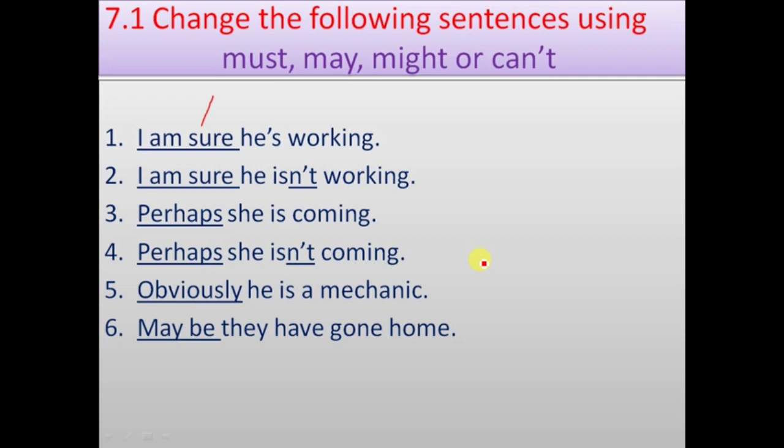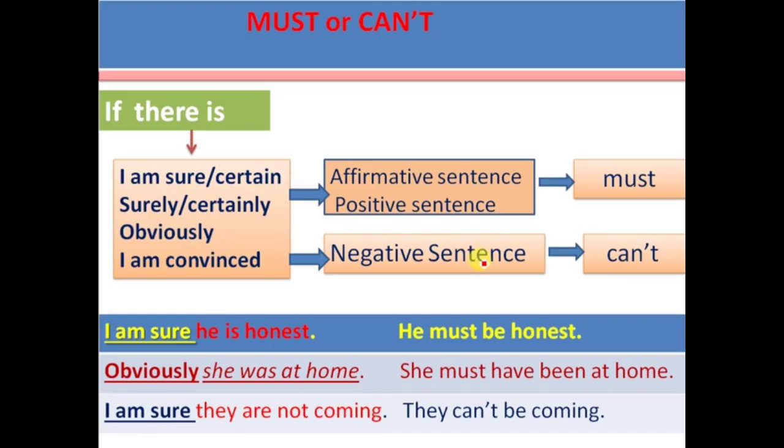Let's know which modal verb we should choose. So first, must or can't. Let me remind you once: if we are 100% sure that something is true, we use must. If we are 100% sure that something is not true, can't.